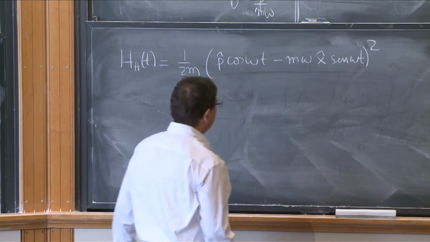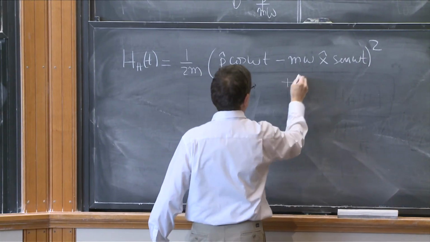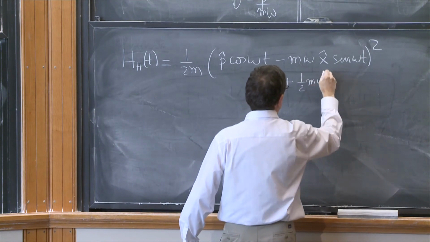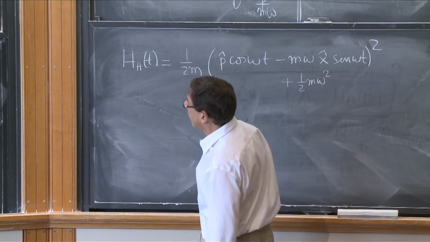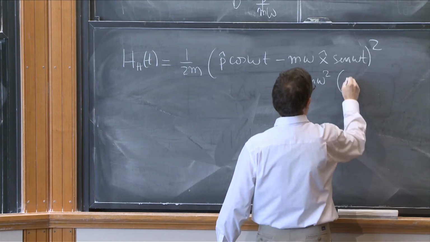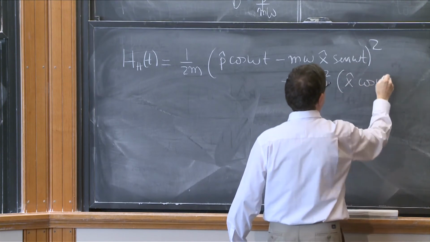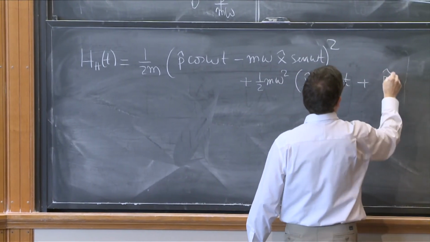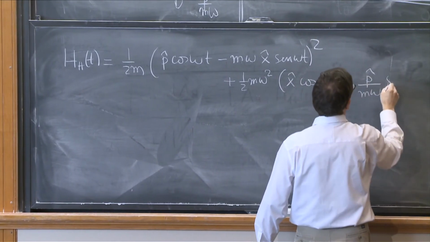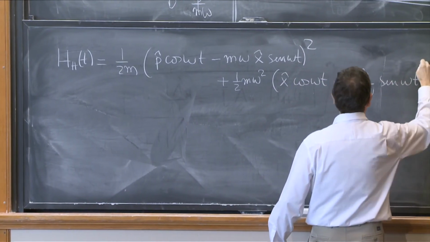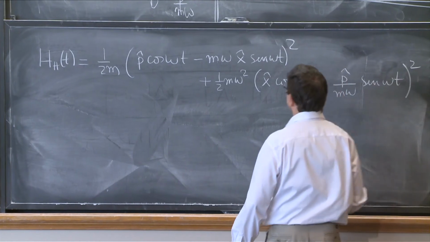plus 1/2 m omega squared x_H squared, so x hat cosine omega t plus p hat over m omega sine omega t, squared.